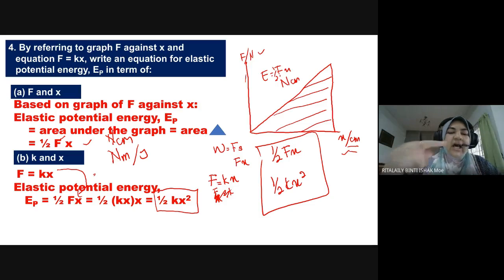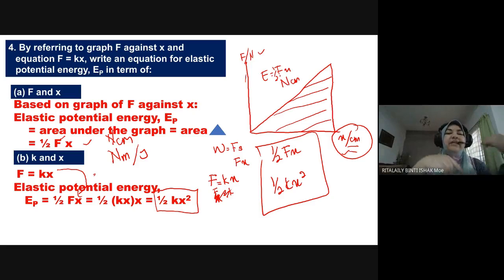However, if the unit is meter, Newton meter, then we can replace it with Joule. If it's an objective question, and the answers are all in Joule, and the graph shows cm, you need to convert Newton cm to Newton meter.